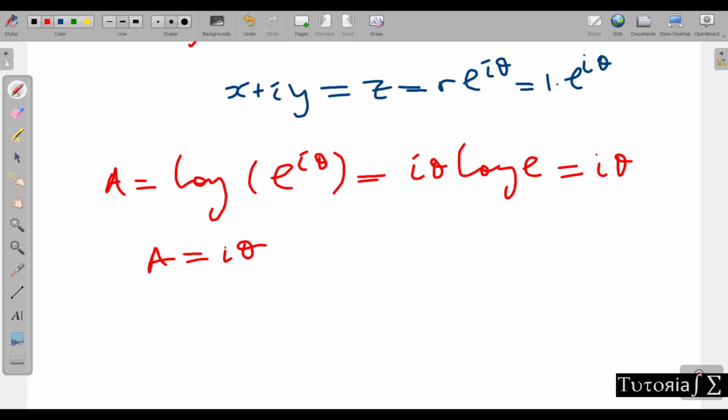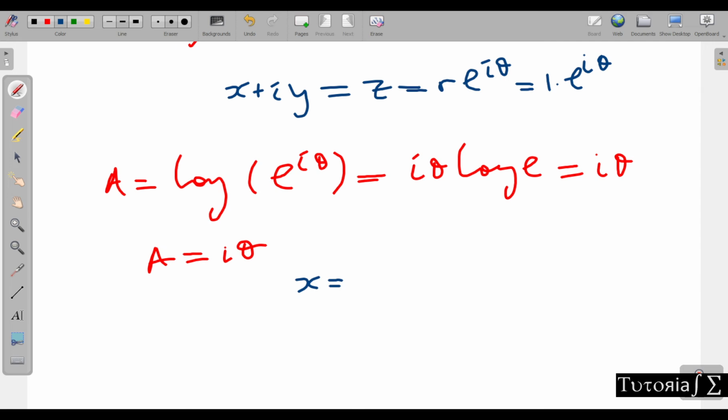But what is x equal to in polar form? What is x equal to in polar form? Is it going to be cos x?